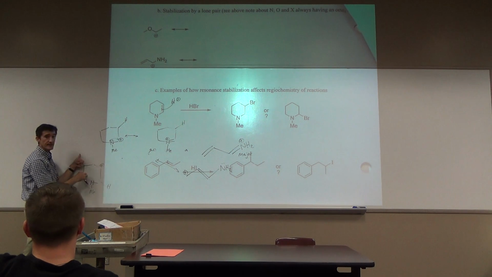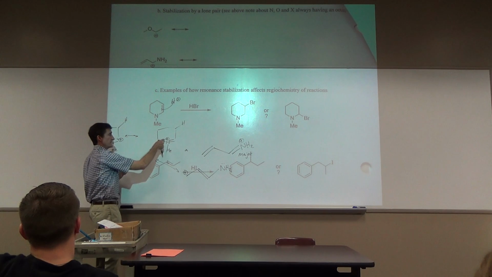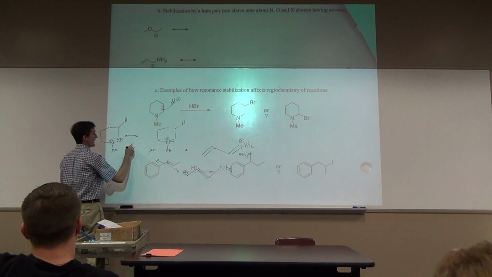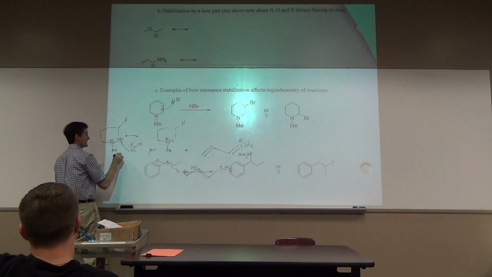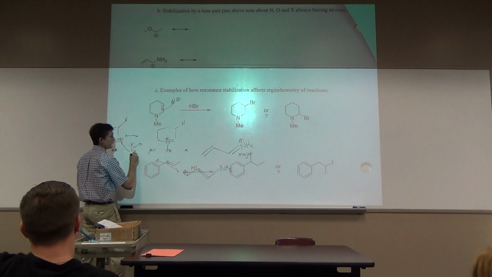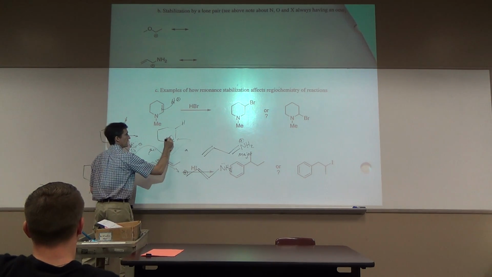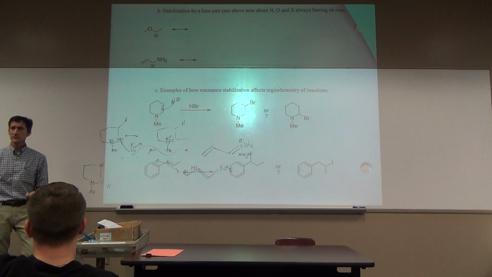It's an isolated cation. That's a delocalized cation. That's better. You're going to get the cation down here, and the Br minus attacks there. Or we could bring it in here and attack here and move these back over. You can always work with any resonance structure.